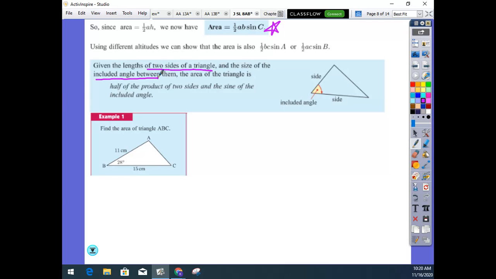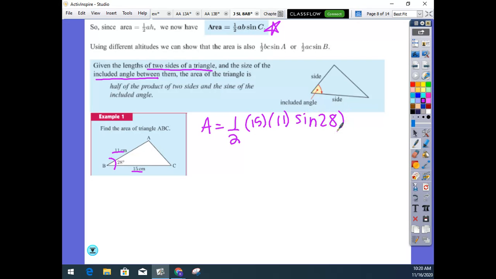So let's apply that to example 1. Two sides and the included angle, so that actually gives us the right information. I'm going to use 15 and 11 sine 28.